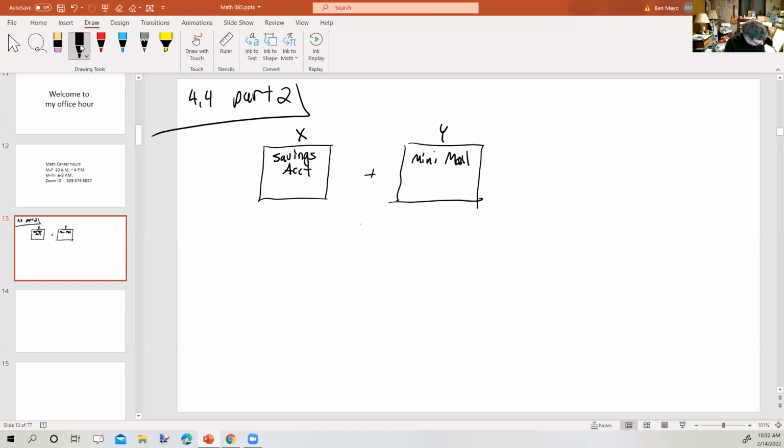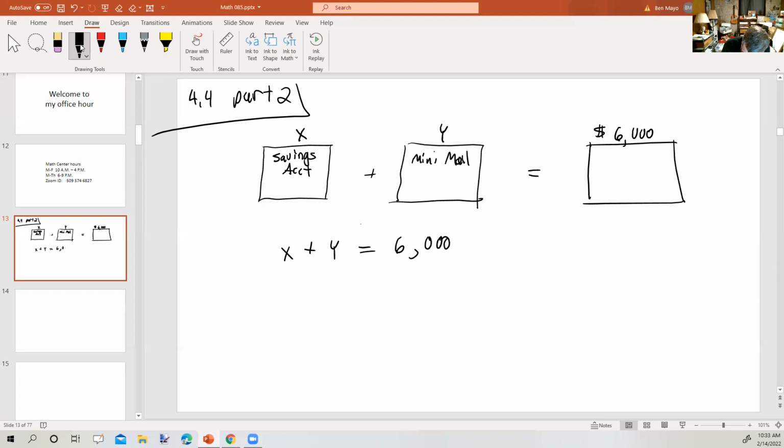It says in investing $6,000 of a couple's money, a financial planner put some of it in the savings account and the rest in a mini mall. So we have this scenario: X plus Y equals 6,000. So X, the amount invested in the savings account, Y, the amount invested in the mini mall, the total investment, $6,000.